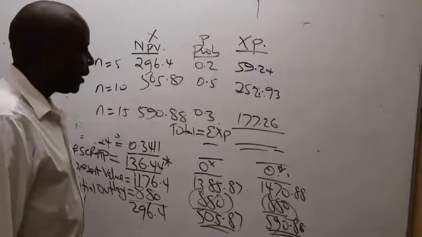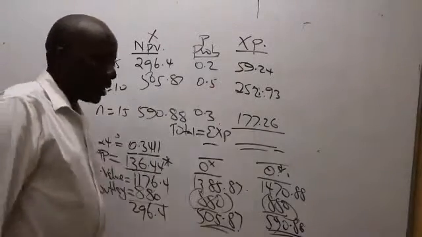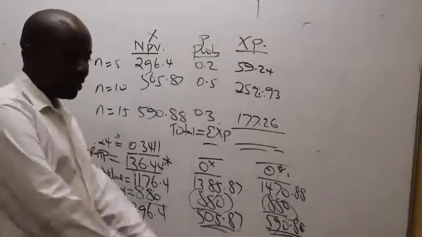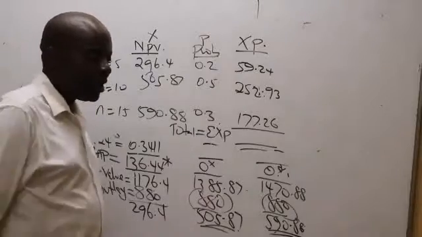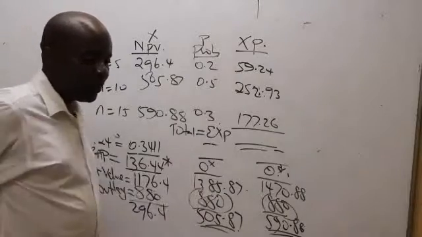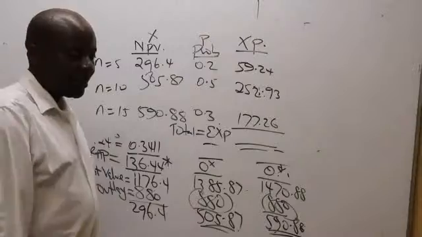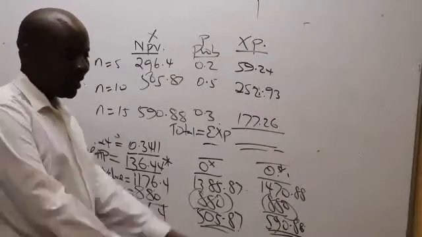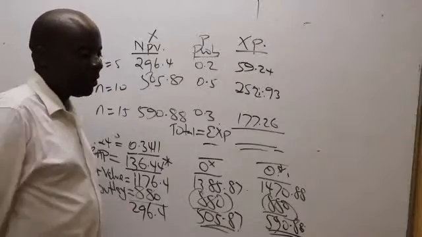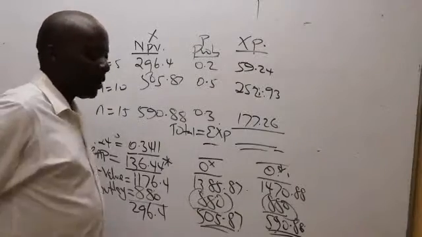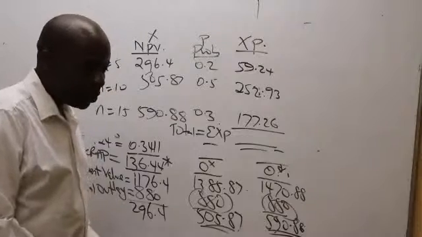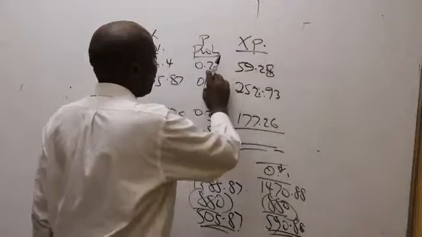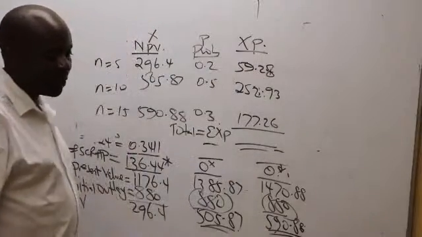Is there somebody who can give me the figure? Total expected net present value. The first one I'm told is supposed to be 59.28, because of this 0.2. Thank you so much.